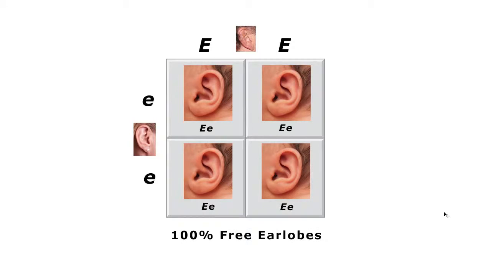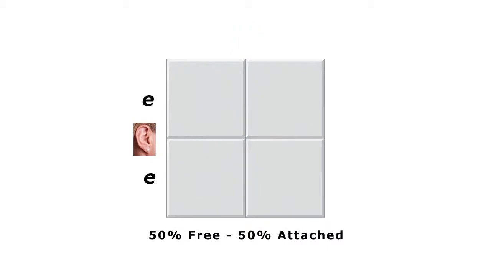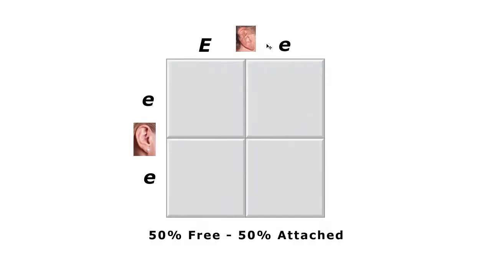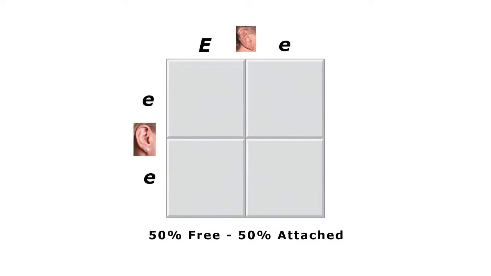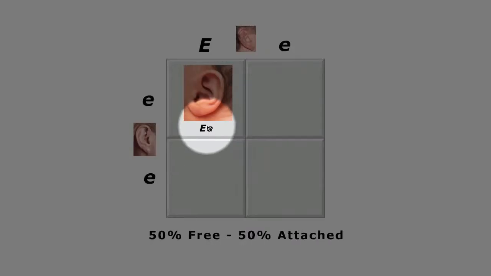So let's do this cross one more time, but this time we'll use a father who is heterozygous. So when we do the allele combinations, we can see that this dominant and this recessive are going to combine to produce a baby that is heterozygous. And since it has a dominant allele, this baby is going to have free hanging earlobes.